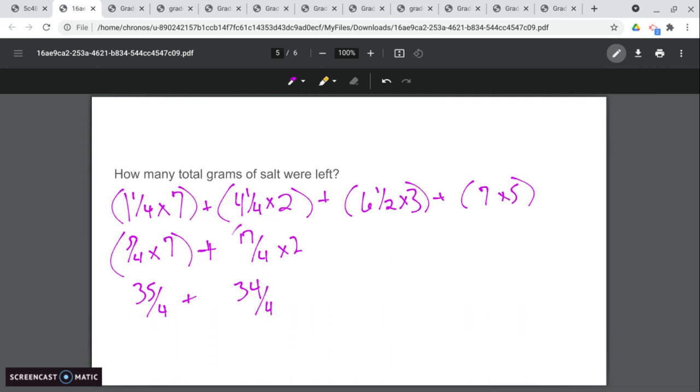Plus 6 times 2 is 12, plus 1 is 13 halves times 3. 13 times 3 is 39, so it's 39 halves. Plus 7 times 5 is 35.